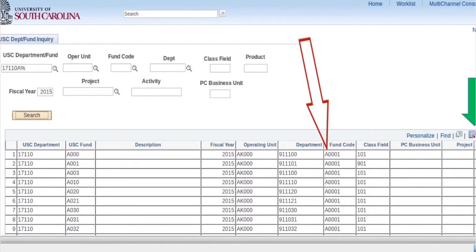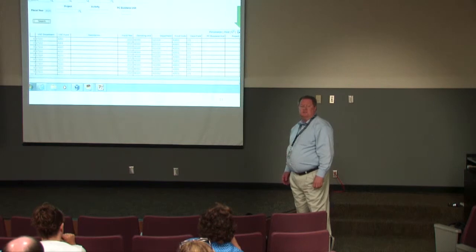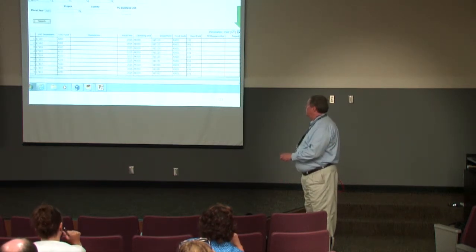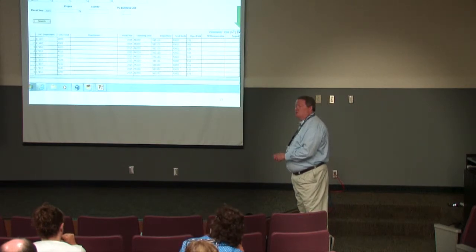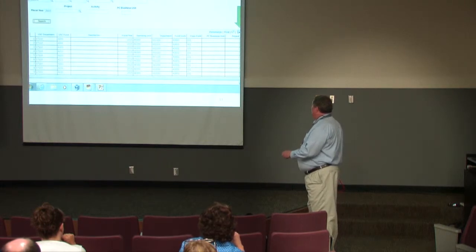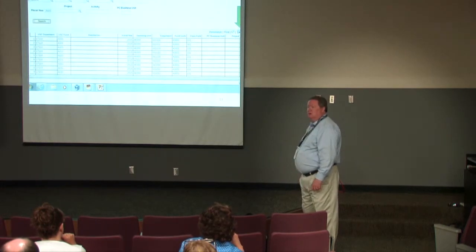So this is a different concept from our current system in that we have one department, many funds. In PeopleSoft, they don't like it that way. They like a limited number of funds, many departments. So we're just going to have to get used to that concept. But every account in our current chart of accounts for Aiken and every campus has been mapped to a new value.